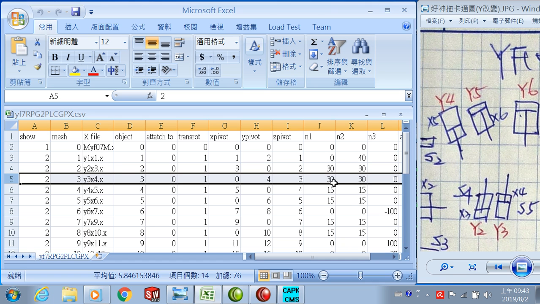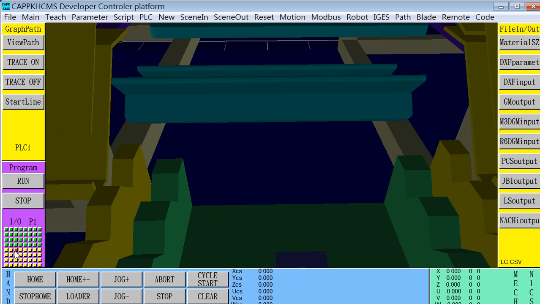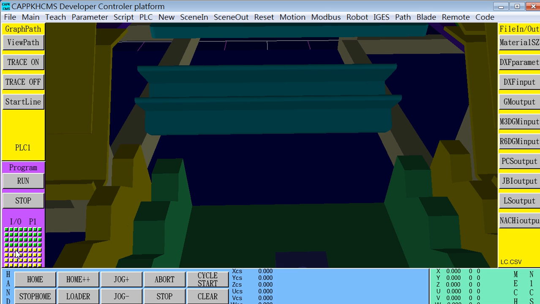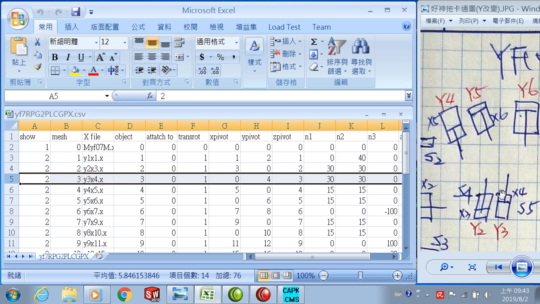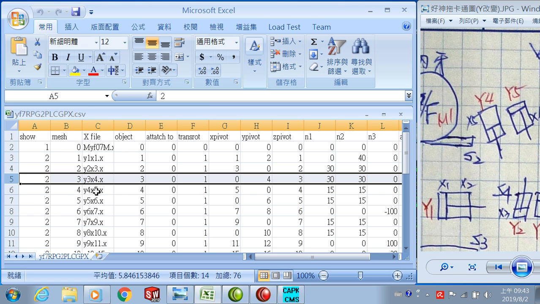The moving definition is the plane moving X30, Z30. Let's see Y3 moving. This is Y3. Watch this one. On. Off.